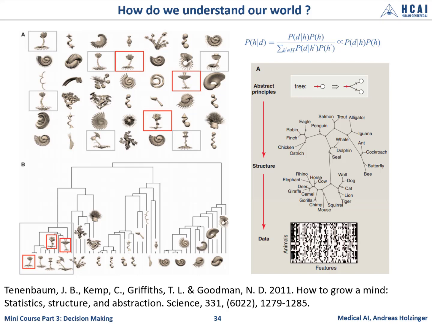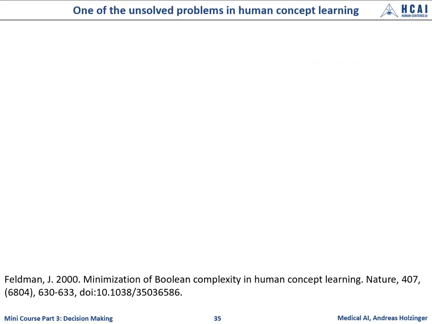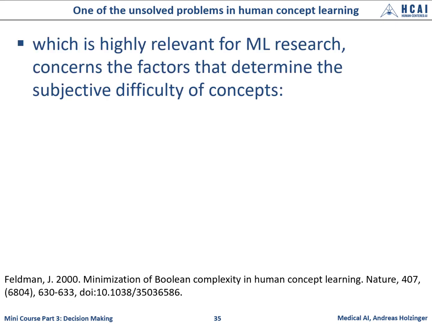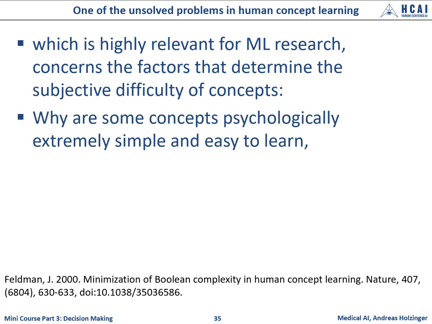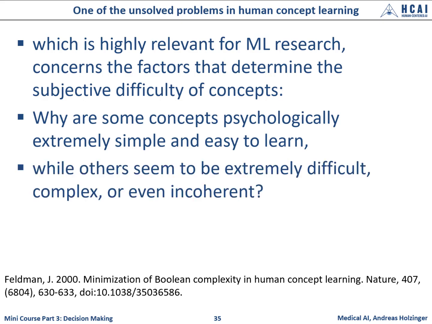But now we will continue and look at one of the unsolved problems in human concept learning. This is highly relevant for machine learning research because it concerns the factors that determine the subjective difficulty of concepts. For example, why are some concepts psychologically extremely simple and easy to learn, as we have seen before, while others seem to be extremely difficult, complex, or even incoherent?